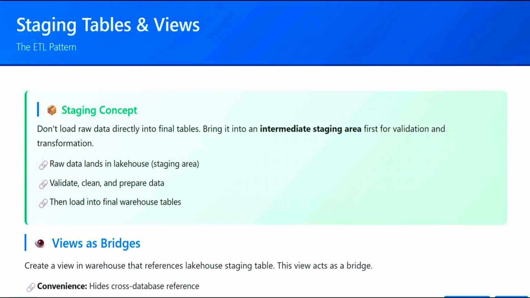Raw data lands there, maybe through an ingestion pipeline or file upload. Then from your warehouse, you can create a view that references the staging table. So this view acts as a bridge.